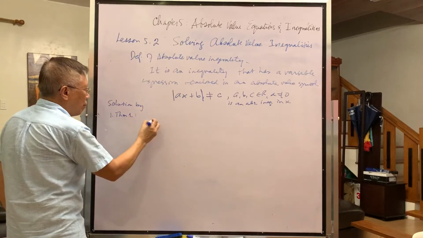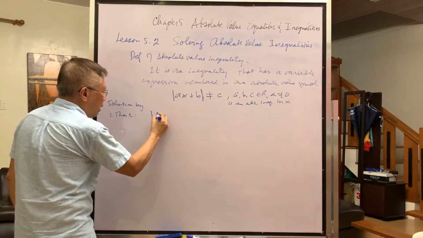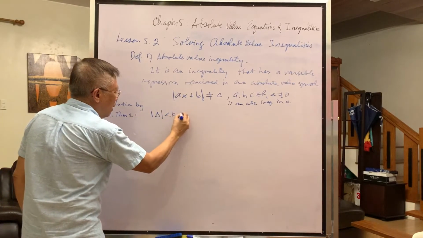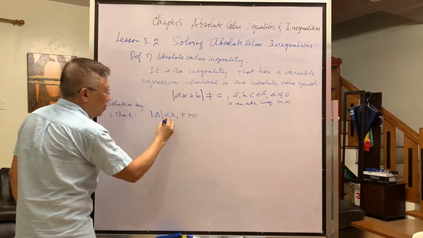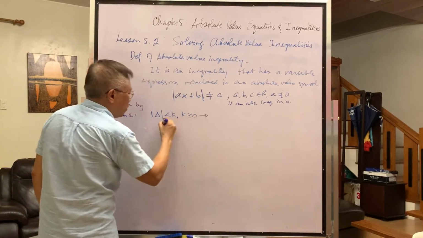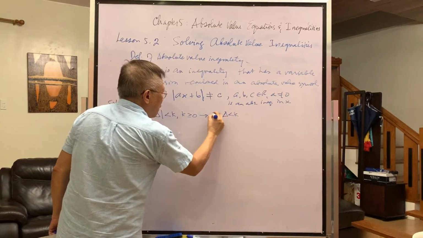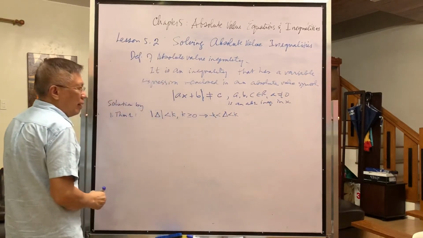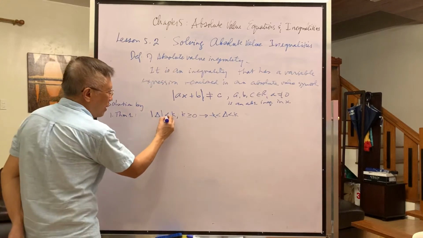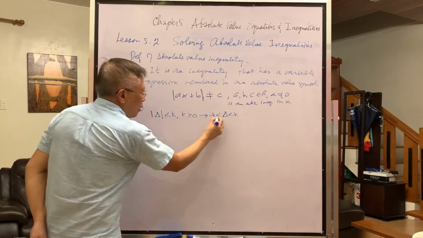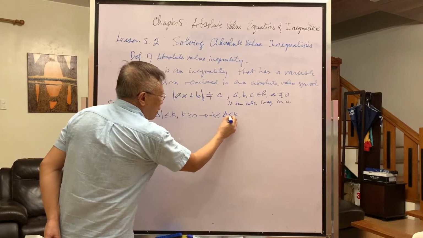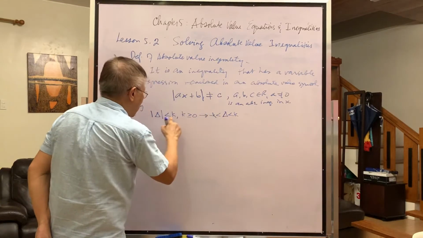Theorem 1: absolute value of triangle less than k, for k greater than or equal to 0, implies that triangle is between k and negative k. If this one is less than or equal to k, then this will be less than or equal to as well.